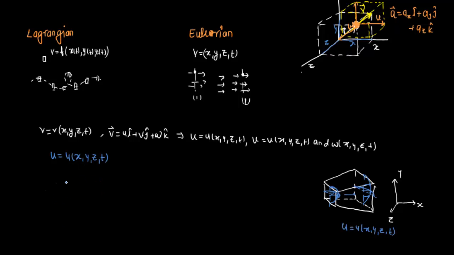So the total derivative we can write in this case, du, will be equal to del u by del x dx plus del u by del y dy plus del u by del z dz plus del u by del t dt. Okay, so we are considering the partial derivatives in this case. So this is the total derivative of u, and u is a function of space coordinates and time.